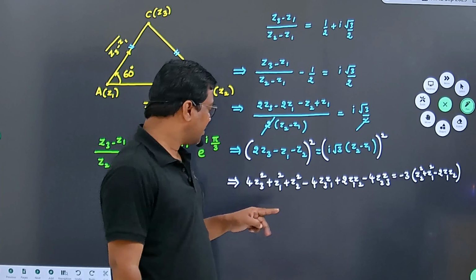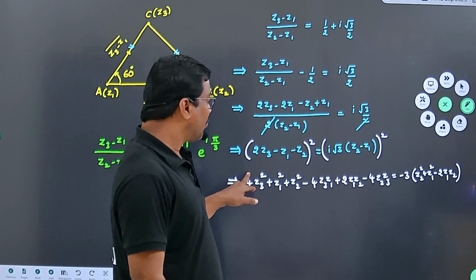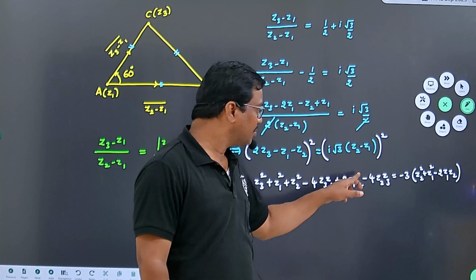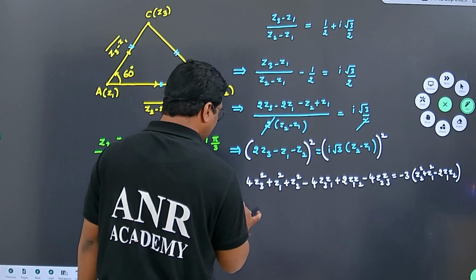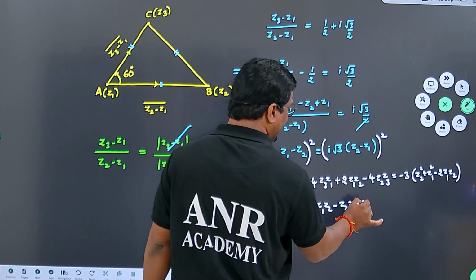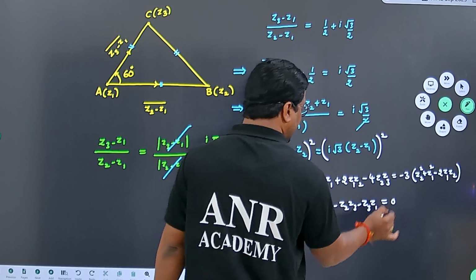If you simplify this, you will get 4 times Z3 square, 4 times Z2 square, 4 times Z1 square, next minus 4 Z1 Z3 minus 4 Z1 Z2 minus 4 Z2 Z3. Neglecting 4, we get Z1 square plus Z2 square plus Z3 square minus Z1 Z2 minus Z2 Z3 minus Z3 Z1, which is equal to 0.